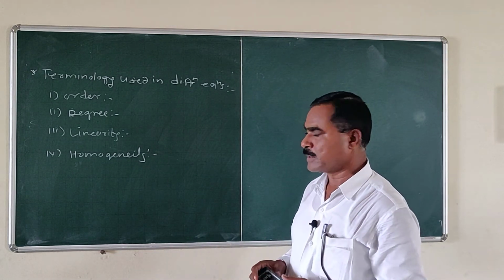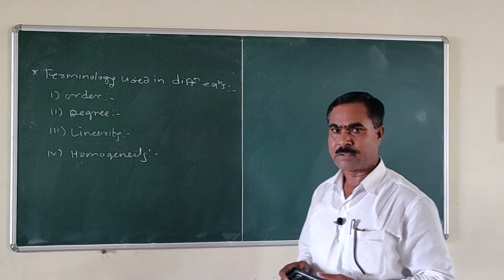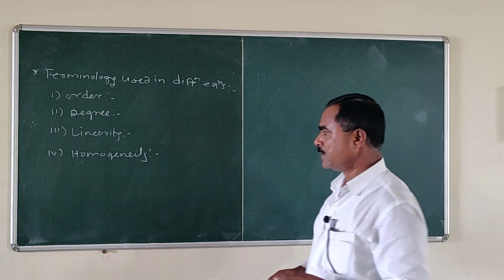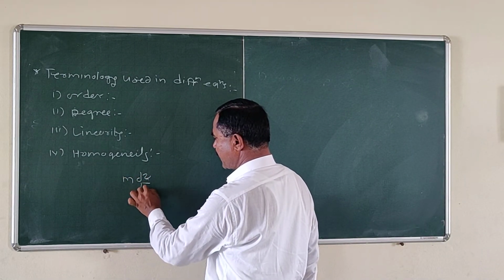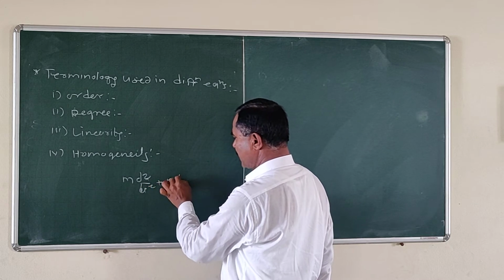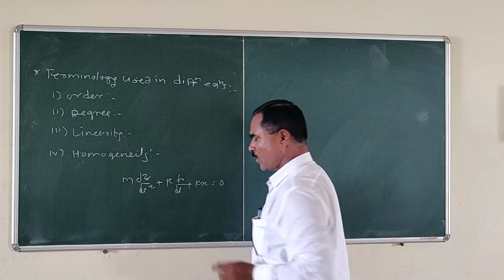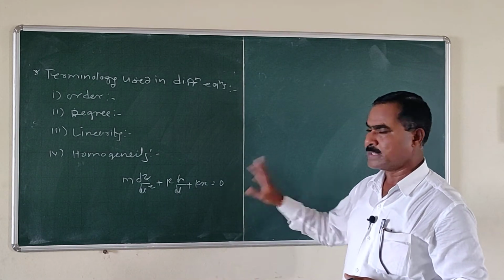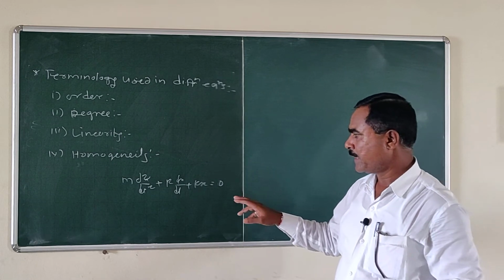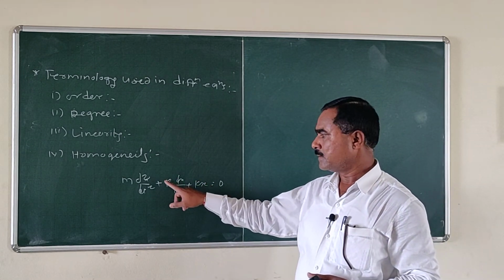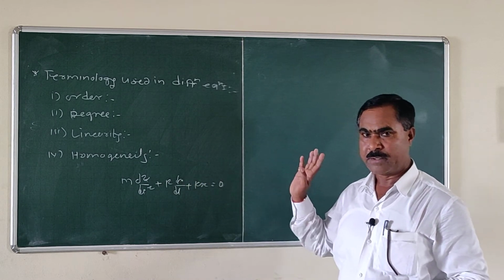Let us consider the example of the damping equation, given by m d2x by dt square plus r dx by dt plus kx equal to 0. This equation is homogeneous because it has only the dependent variable and its derivatives, and no other term.